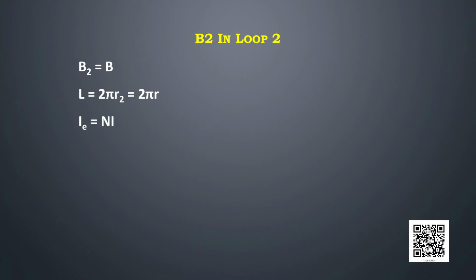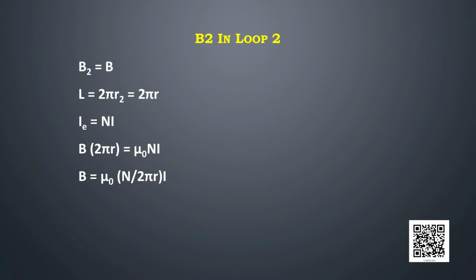Now, the current enclosed I_e will be given by I_e equals N I, where I is the current in each loop. Now, using Ampere's circuital law, we will get B multiplied by 2 pi r equals mu naught N I.